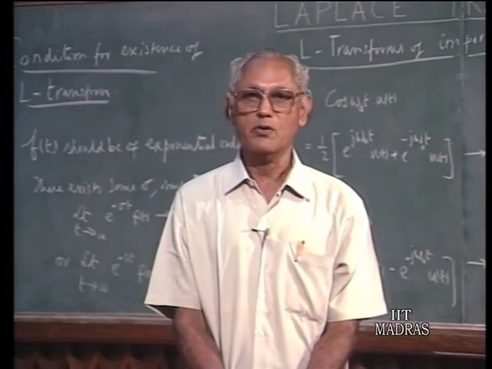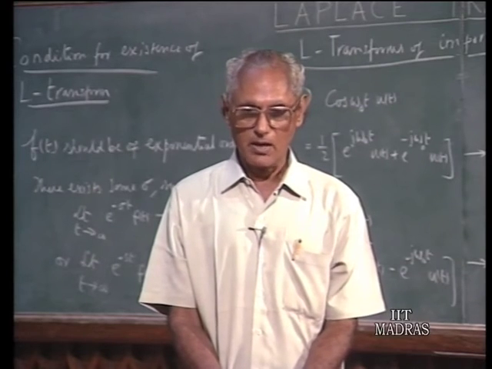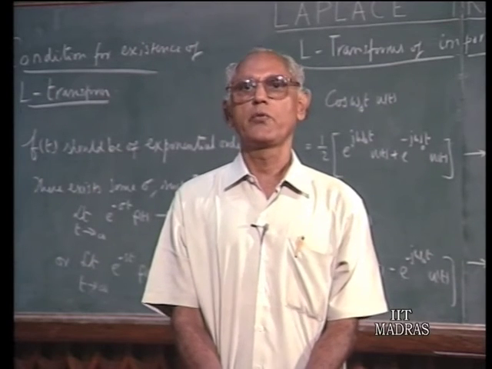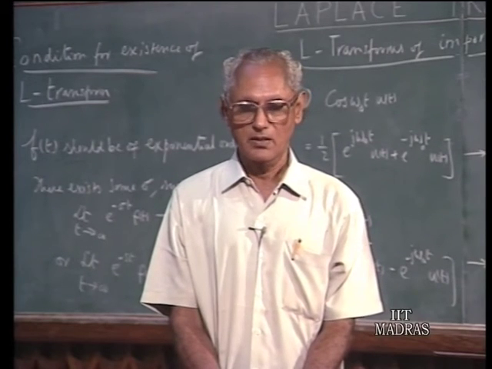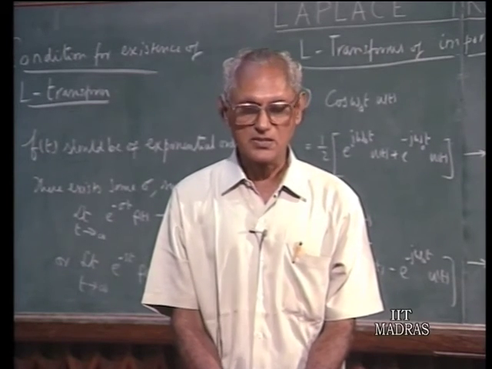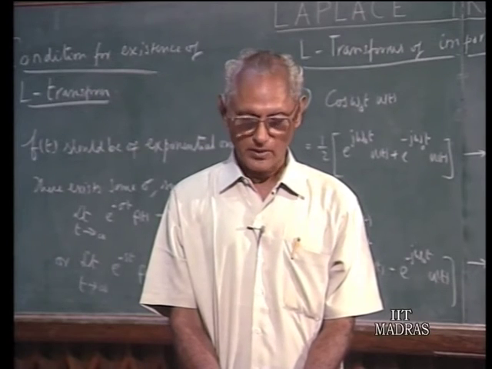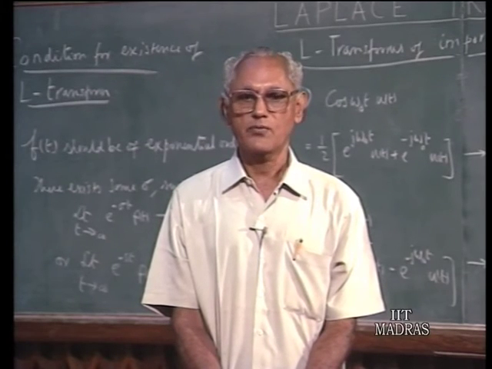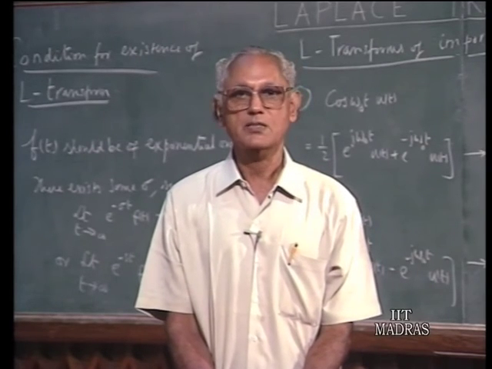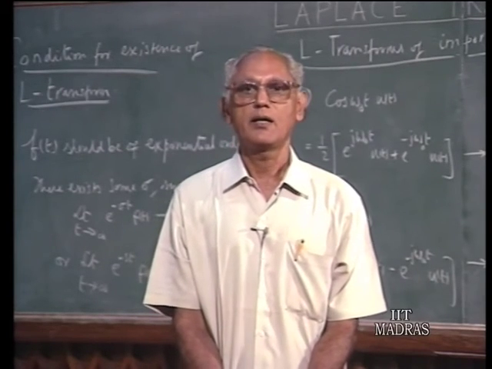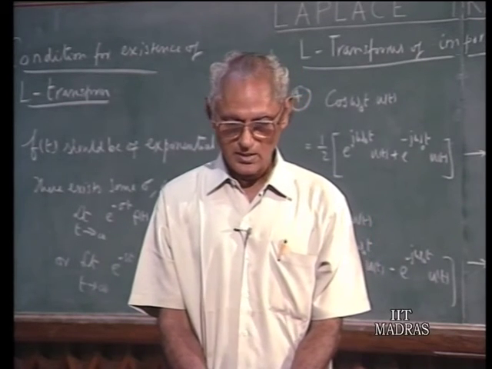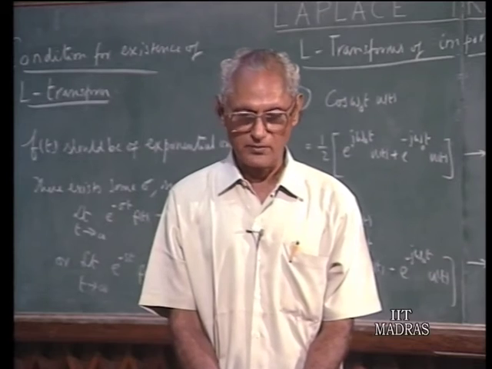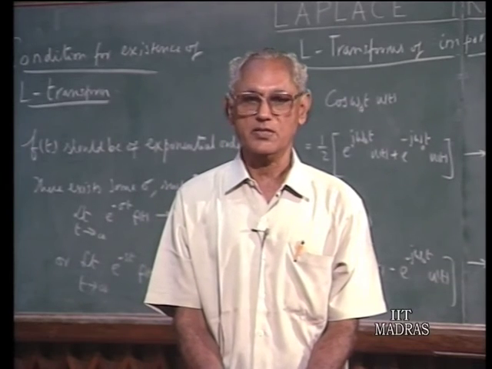We do not have to introduce e to the power of minus sigma t artificially if we introduce a new variable s, which is sigma plus j omega. So, the Laplace transformation evolves from such considerations, and we have F of s, which is given as the integral of f of t e to the power of minus s t from t equals minus 0 to infinity, and the inverse Laplace transform is 1 over 2 pi j, integral from c minus j infinity to c plus j infinity of F of s e to the power of s t ds.